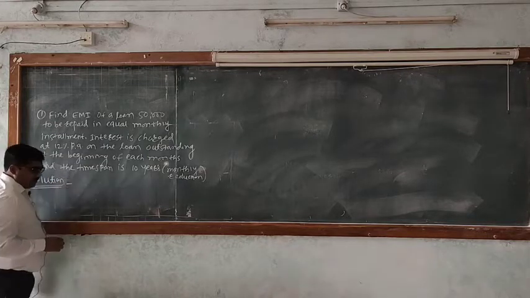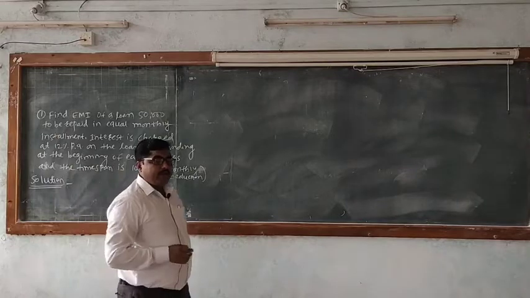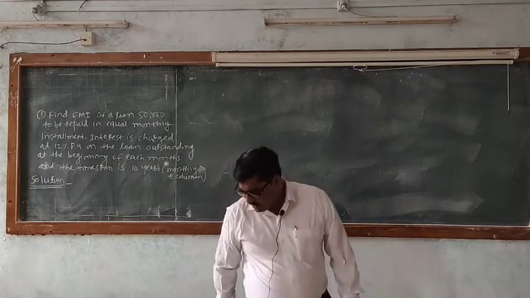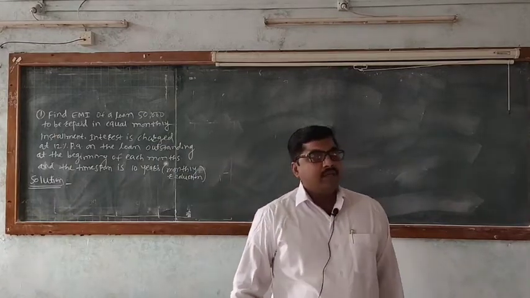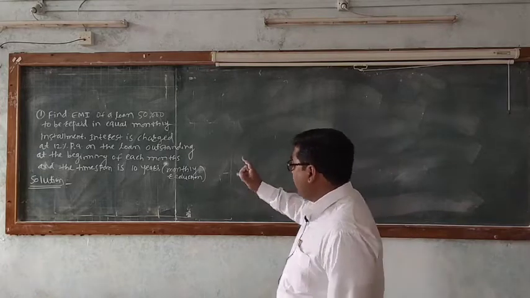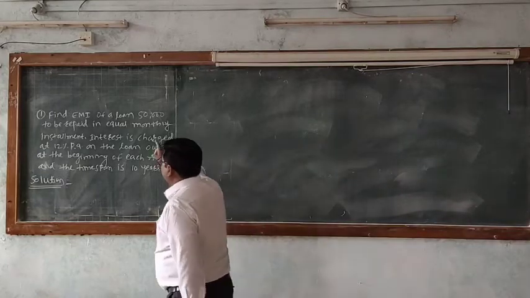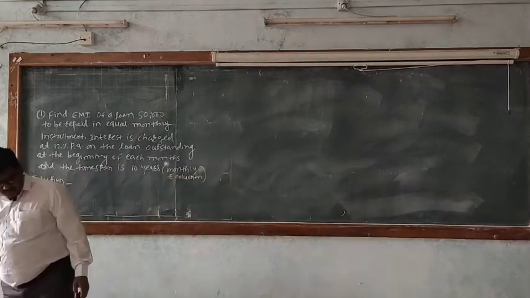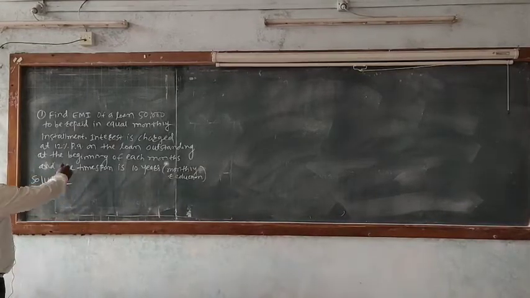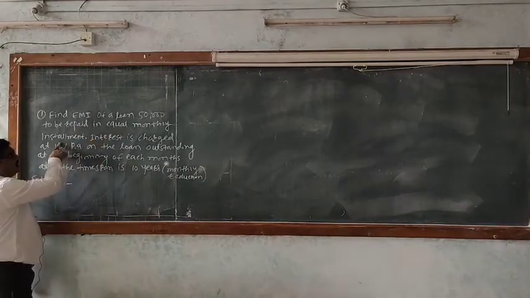Now student, first read it carefully. Find EMI of a loan 50,000 to be repaid in equal monthly installment.